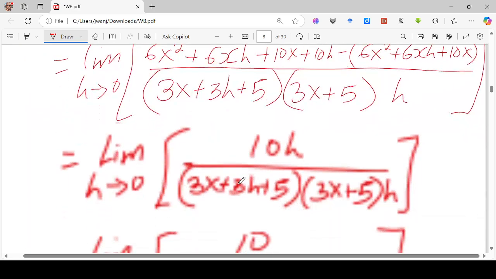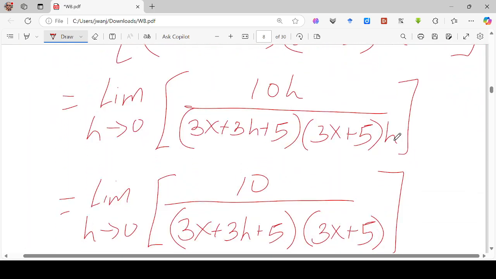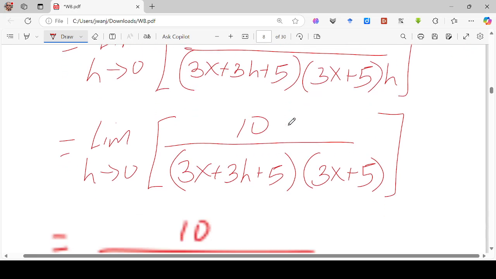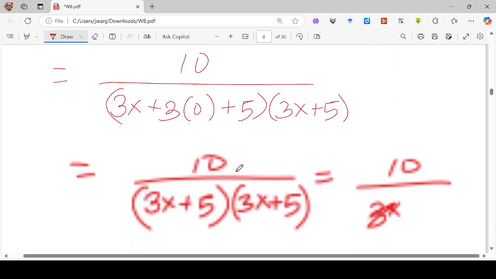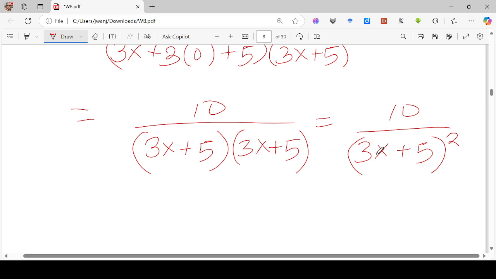Once you simplify completely, the h occurring in the denominator should cancel out, and then you take the limit by setting h to 0, and simplify to get the derivative. So this method is what we call the use of first principles to differentiate a function.